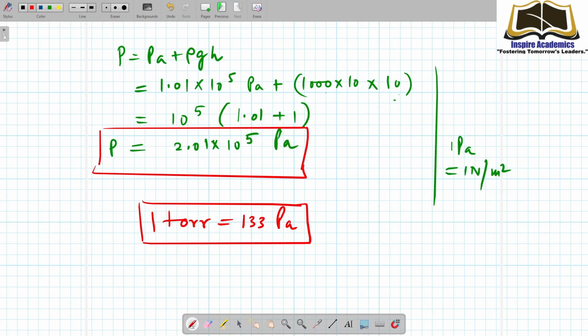That's why 1 torr is 133 Pascal. Torr is after the name of Mr. Torricelli. He was the one who devised this unit. Okay. And also there is 1 bar. Bar is quite popular. 1 bar is 10 to the power 5 Pascal. Okay.